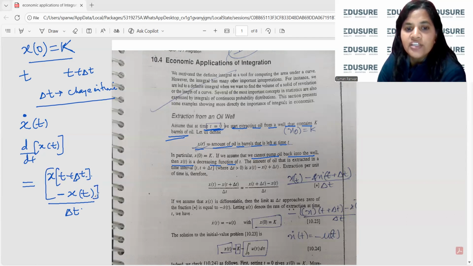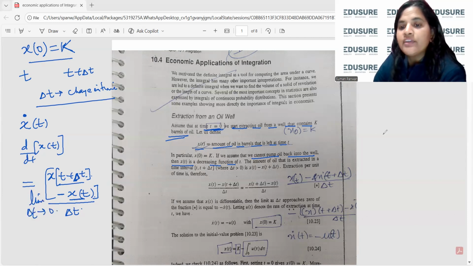This is my change, because the amount left after t plus delta t minus the amount left after t is the change in the quantity, divided by delta t, and the limit as delta t goes to 0, because that is the definition of derivative.